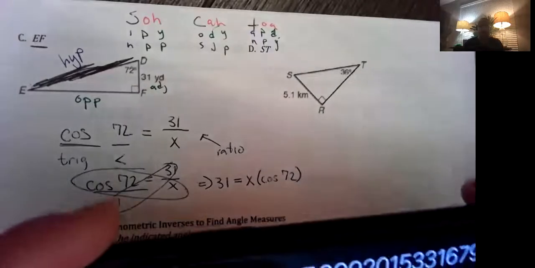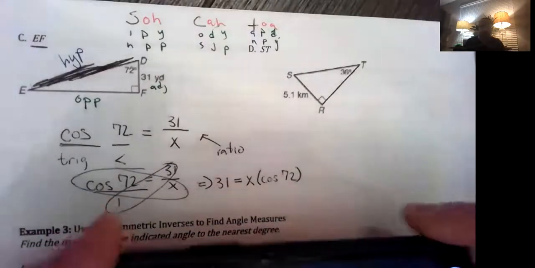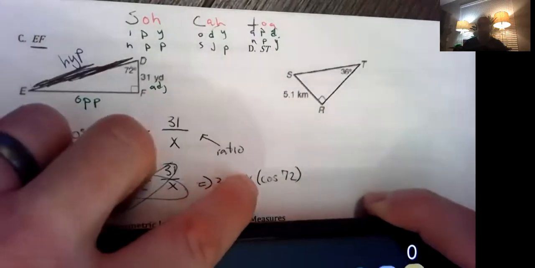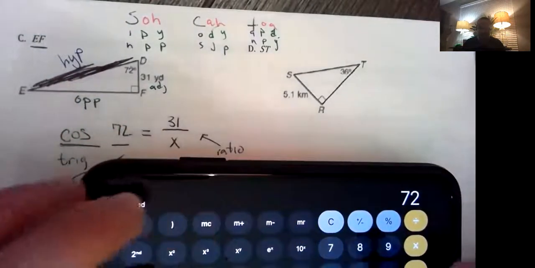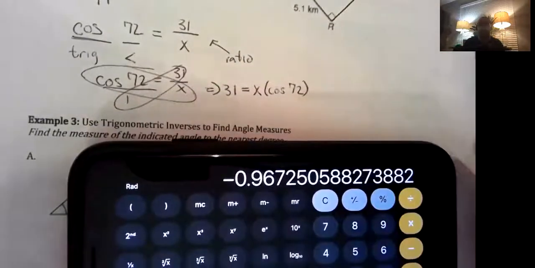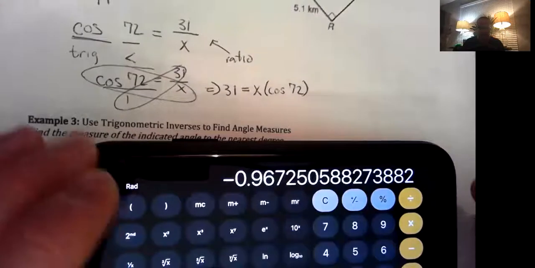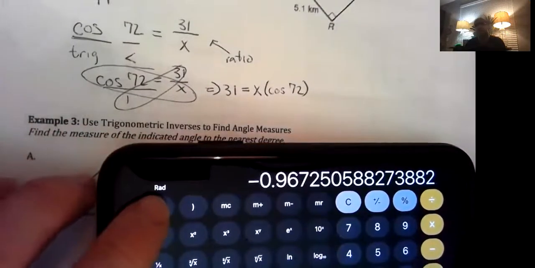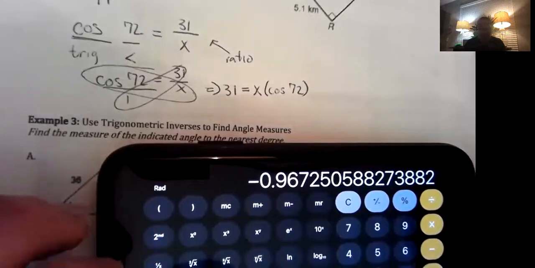All right. So here's what I want to do. Anytime that I have a trig word, in this case, cosine of 72, oops, here's a mistake. One thing I want to check is to see that it's in RAD mode.